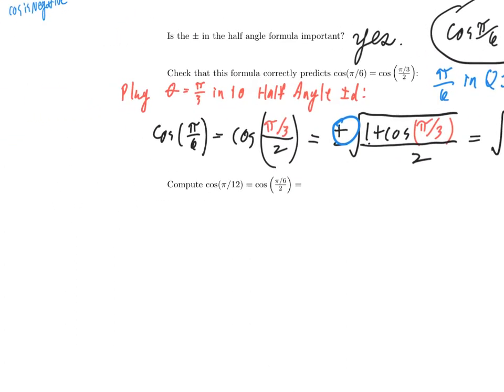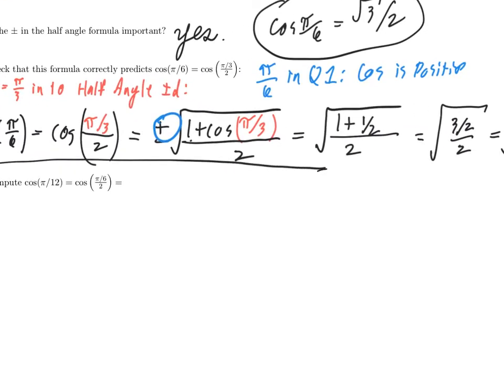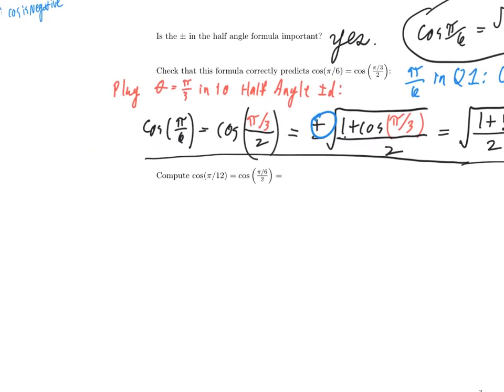And, well, you can get some other new things out of this. You can compute trig functions at pi over 12, because that's half of pi over 6. Let's compute the cosine of pi over 12. Well, that'll be the same thing as the cosine of pi over 6 over 2. So what does that mean?